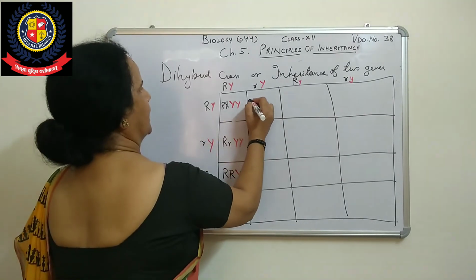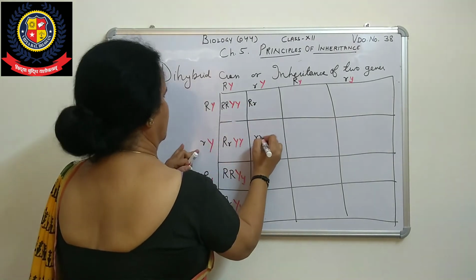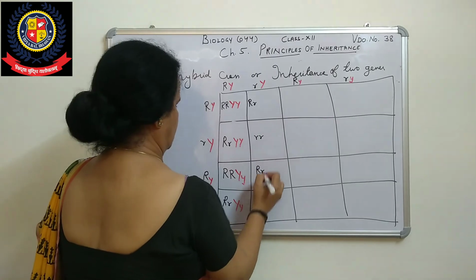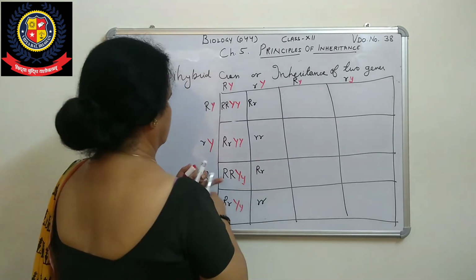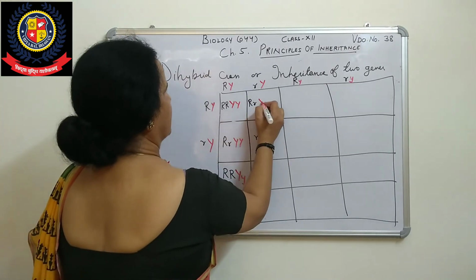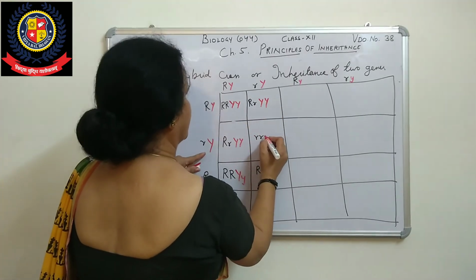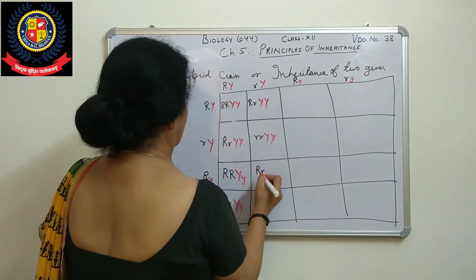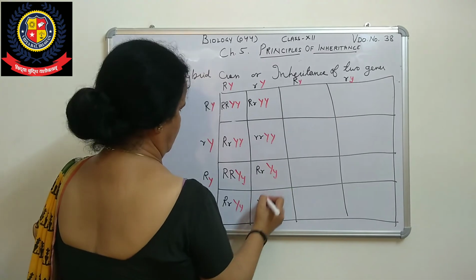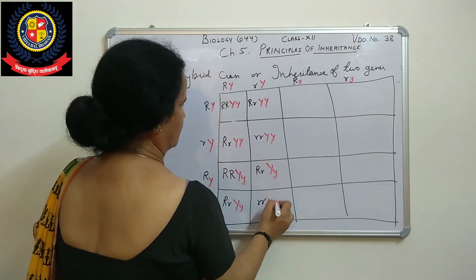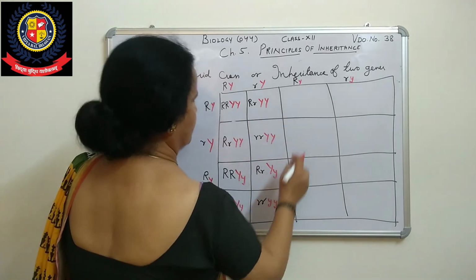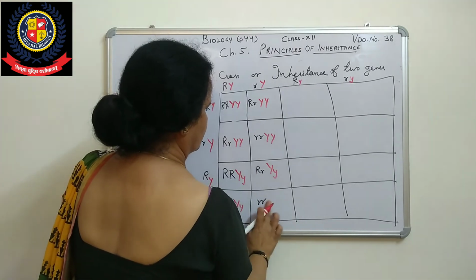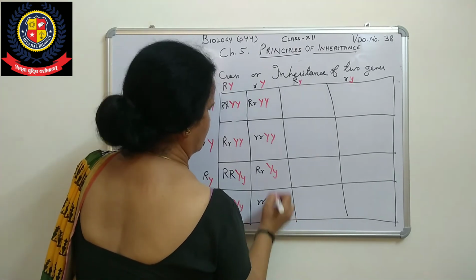So here we will have R, then here R, then here like this, here like this. Then we will multiply this one: capital Y, then capital Y, then Y, small y, then small y, small y. Here we can talk about capital Y and small y.